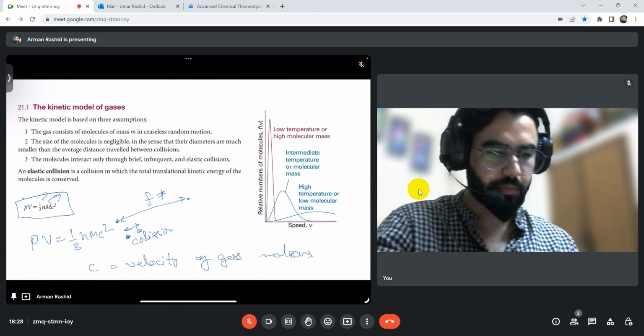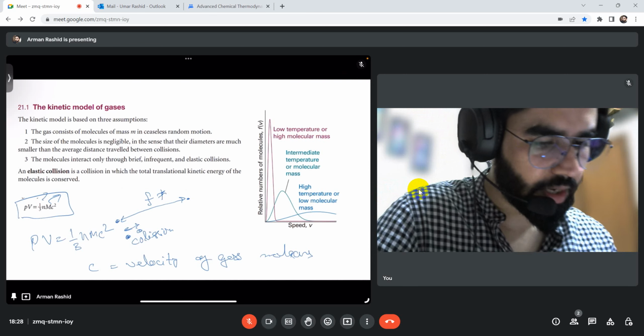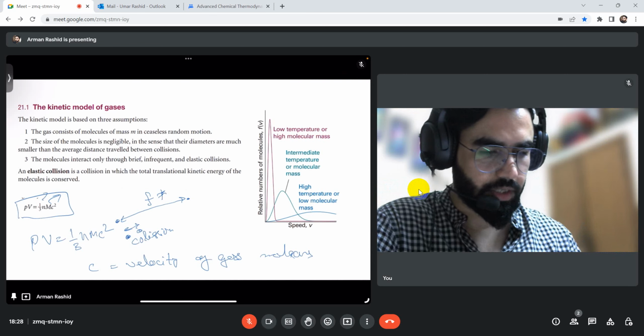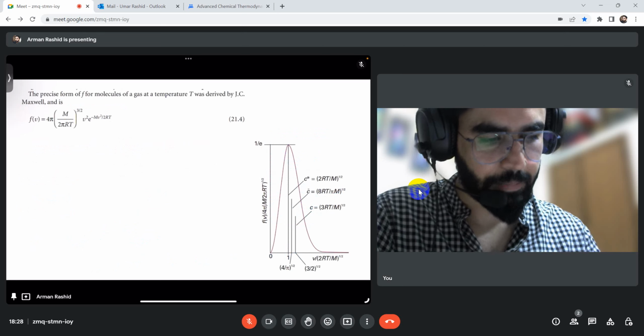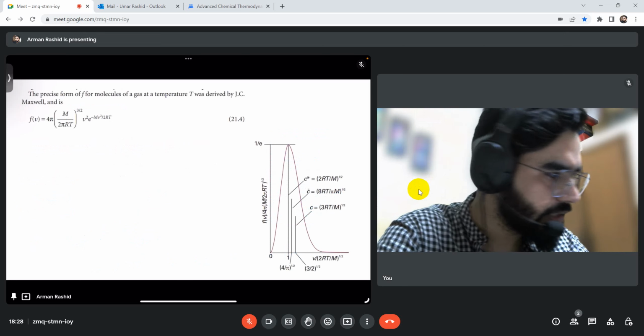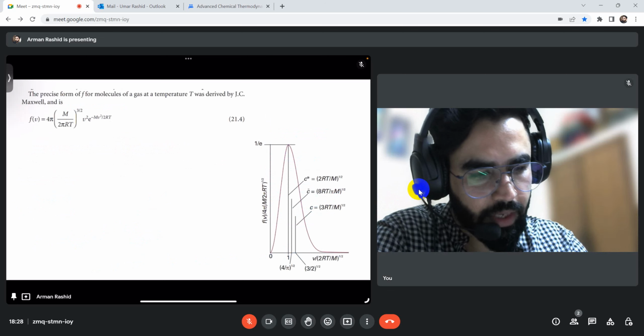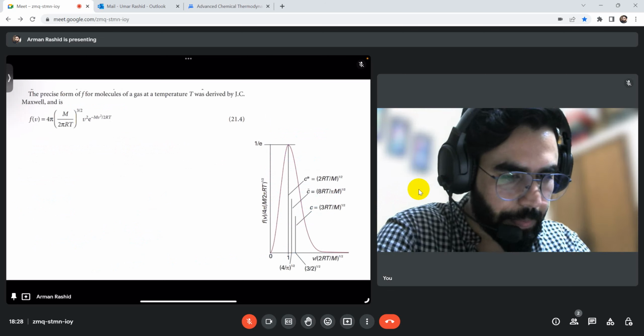Now from the kinetic theory of the gases, there are three main types of velocities: root mean square velocity, average velocity, and most probable velocity. Let's see what happens according to the kinetic theory once there is an increase in temperature.